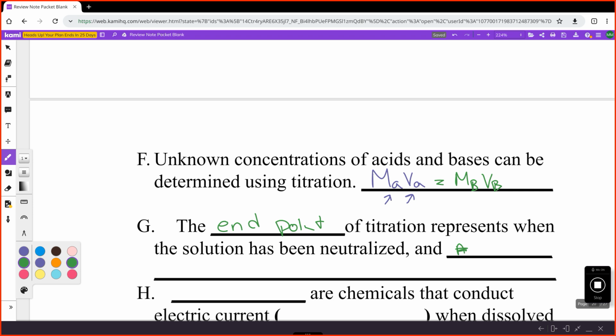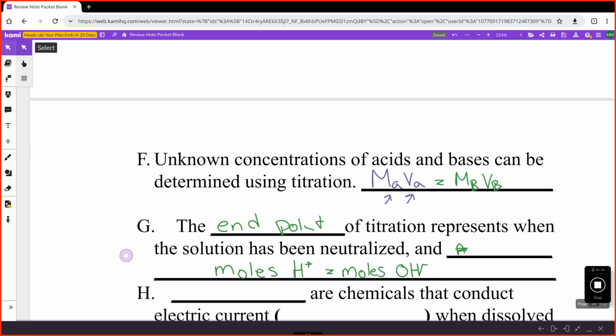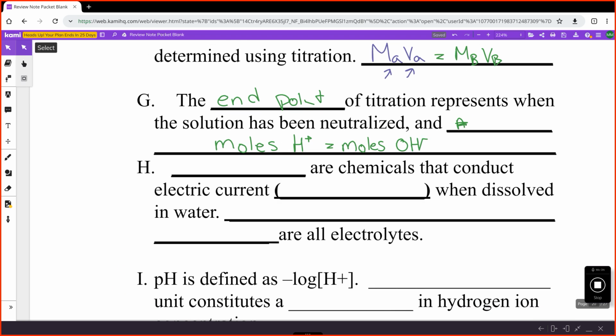And when that happens, the moles of H plus from the acid are equal to the moles of OH minus. Acid and base neutralization through titration creates a perfect endpoint.